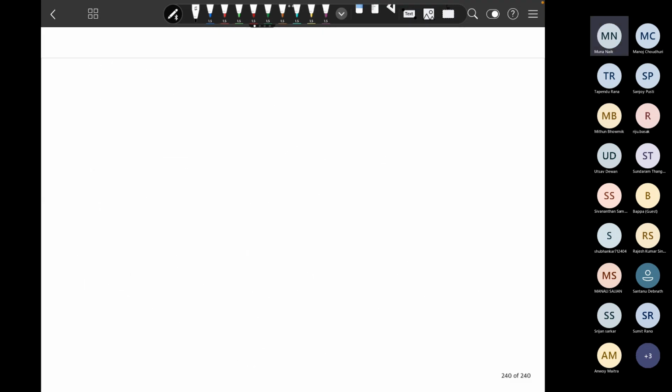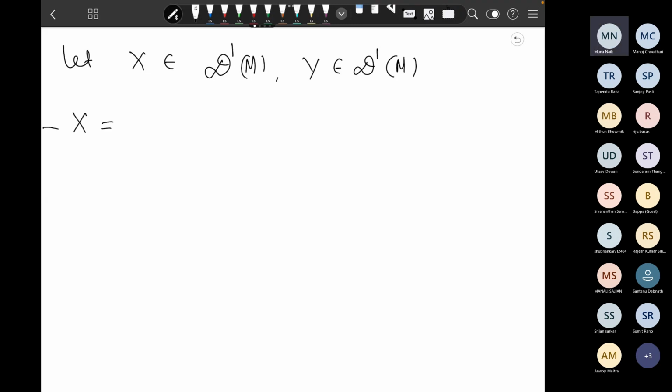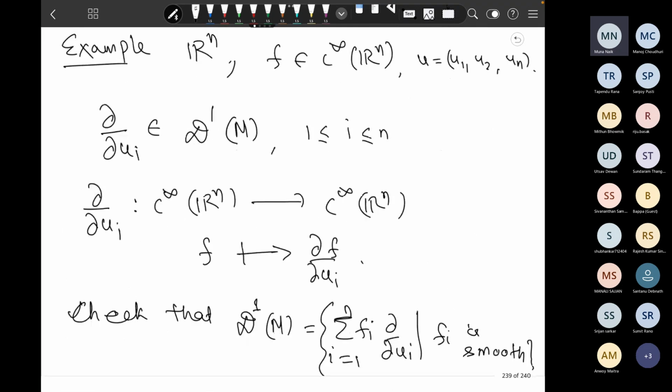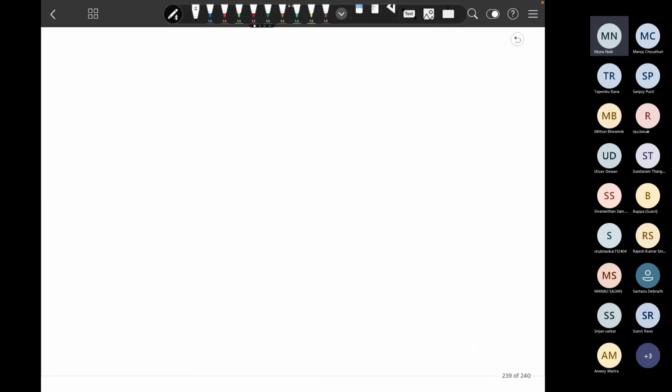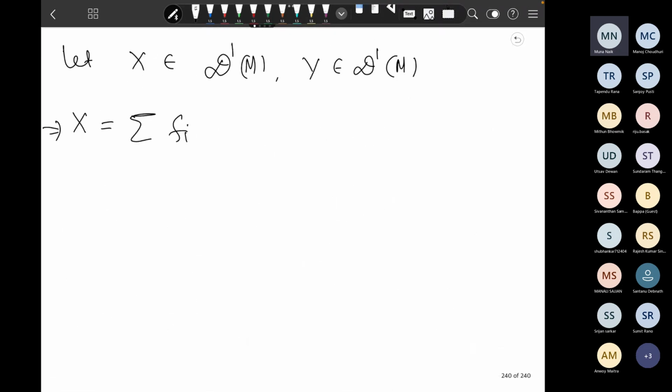Now let X belong to D1M and Y also belong to D1M. So X is equal to the sum of fi del by del ui, i equal to 1 to n, and Y is equal to the sum of gi del by del ui, i equal to 1 to n.